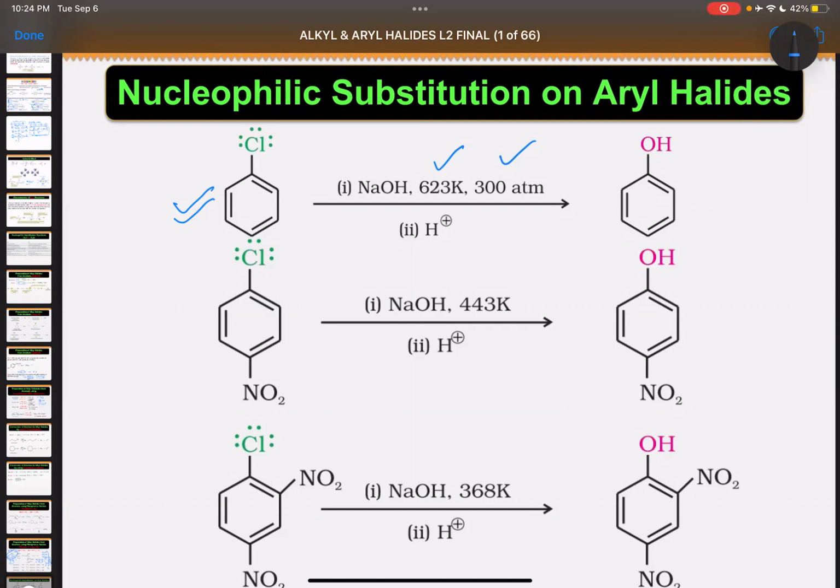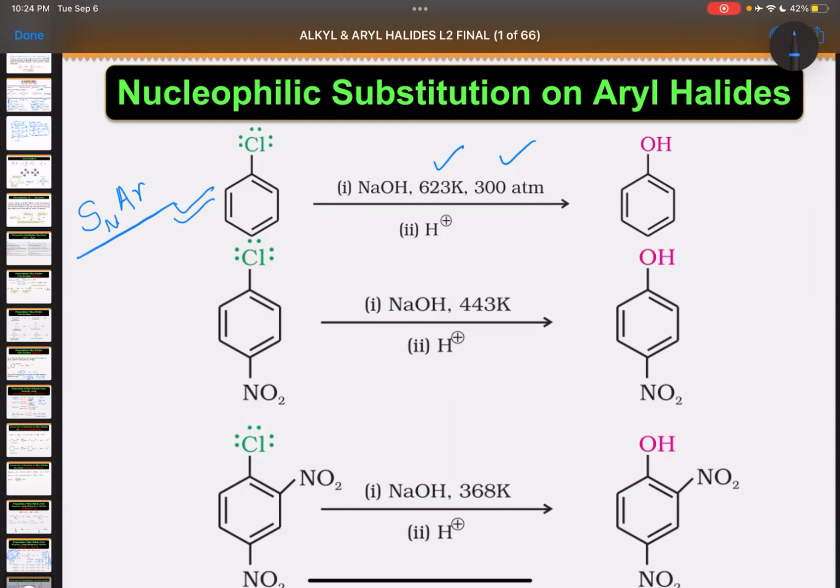Sir, SN1 reaction. No, this is not SN1. SN1 can't happen. The Cl can't come out on its own. This is SNAr. It is known as nucleophilic aromatic substitution reaction, bimolecular nucleophilic aromatic substitution.